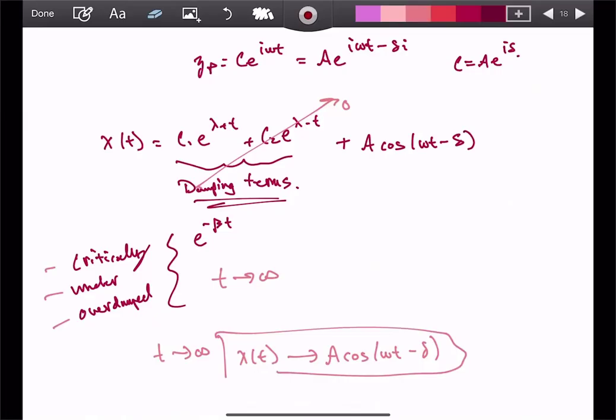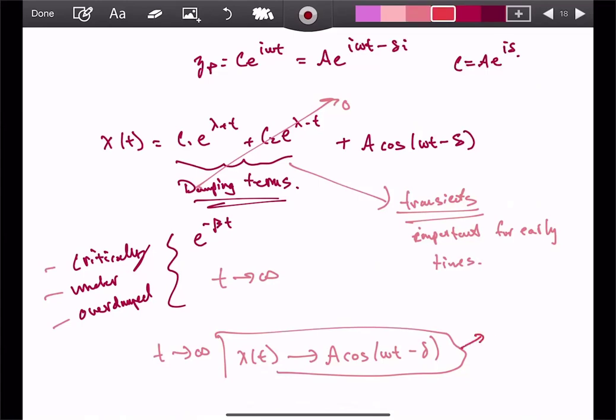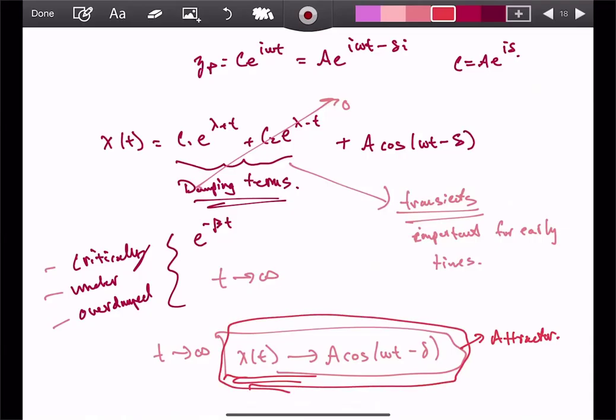So this is what's known as, or at least these terms here are what are known as transients, which means that they are important for early times. But for late times, they don't matter. So this term here is what we call the attractor. So all of these terms will converge onto this particular solution here as t goes off then to infinity.